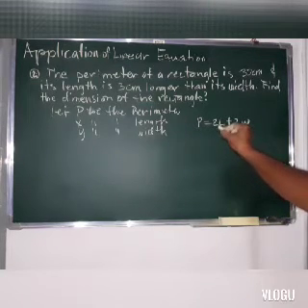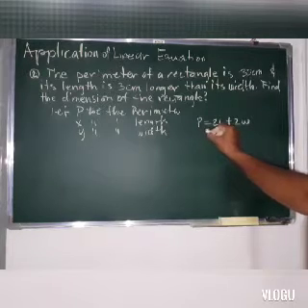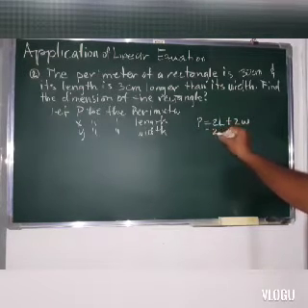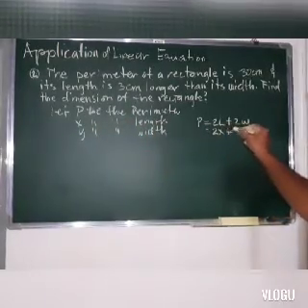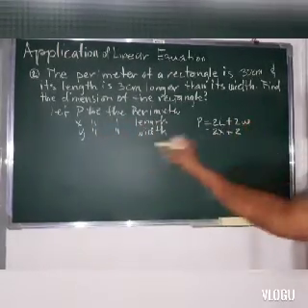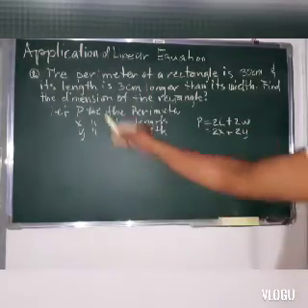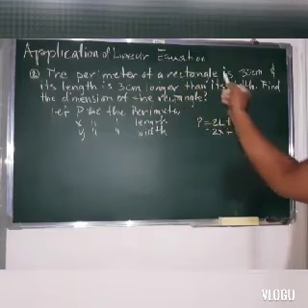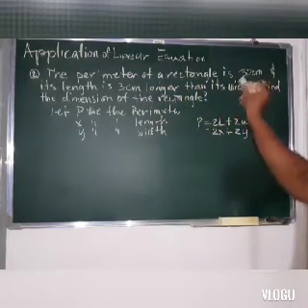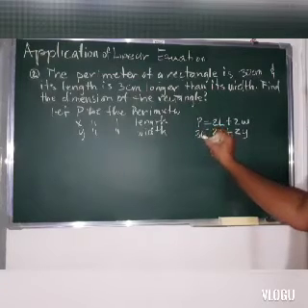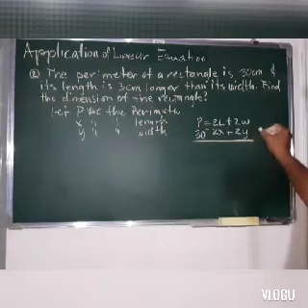Our length is X, so 2X plus 2 times our width, which is Y. Okay, so again, let's read. The perimeter of a rectangle is 30 centimeter. So the perimeter is 30. So this is our first equation.